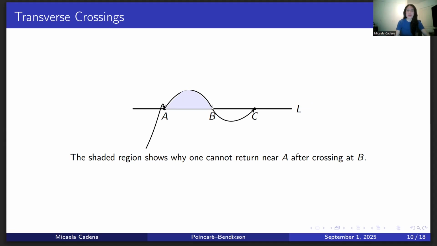And another way would be to go through this subsegment of L, AB. But then the trajectory would be closed, the orbit would be closed. So with this image, I try to say that there's no way to return near A after crossing this point B, because then the orbit would be closed. And this is the idea that we use to build the contradiction in the previous proof.